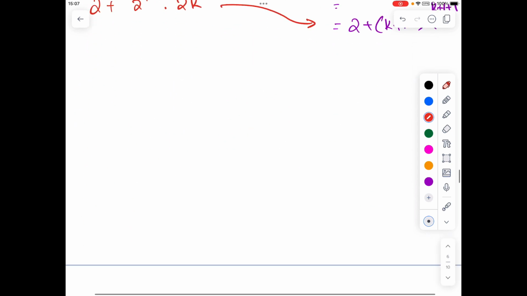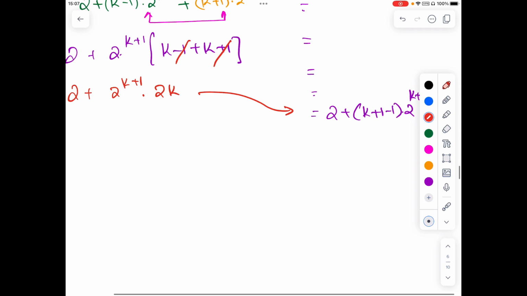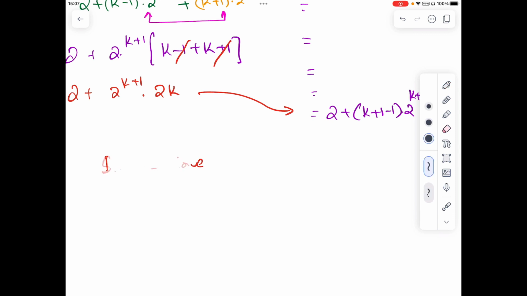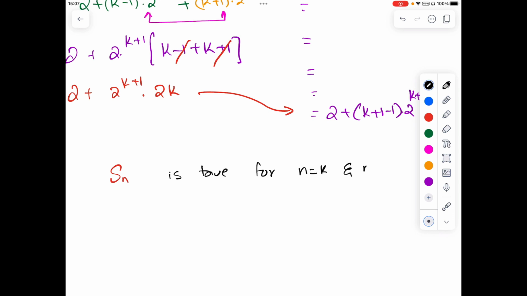So once it is proved for n equals k plus 1, by conclusion we can write that Sn is true for n equals k and n equals k plus 1.